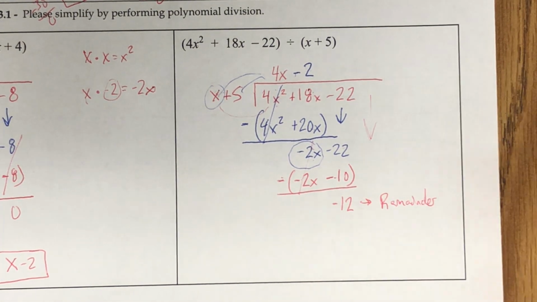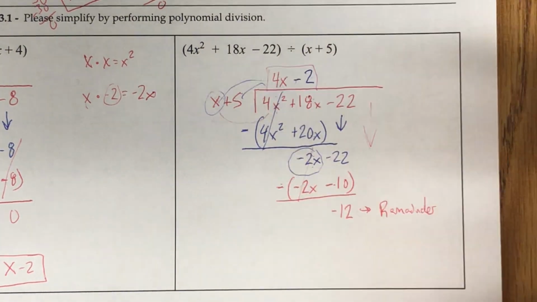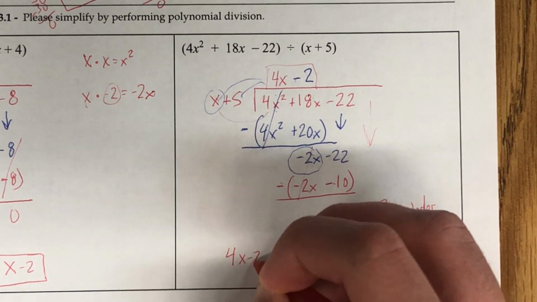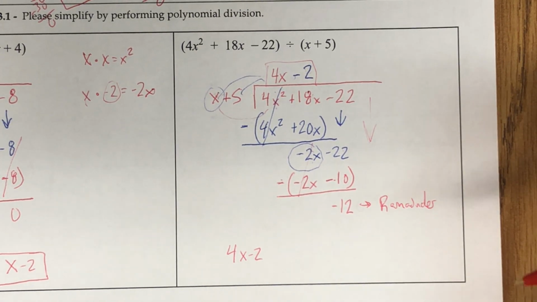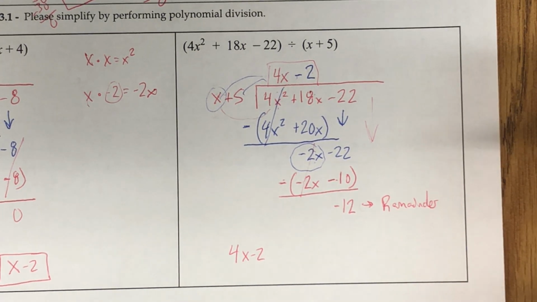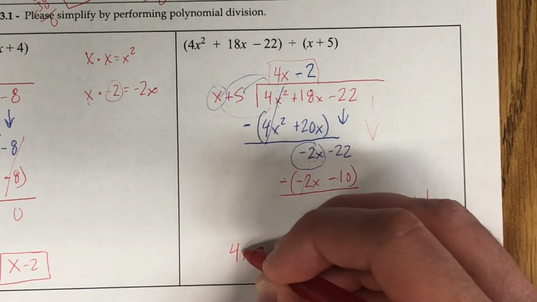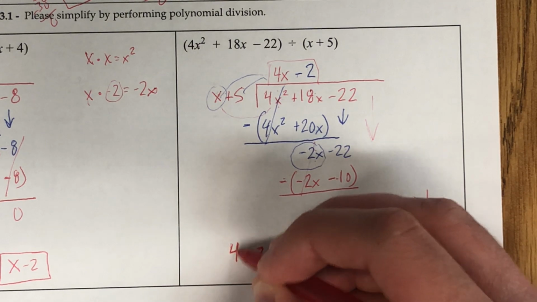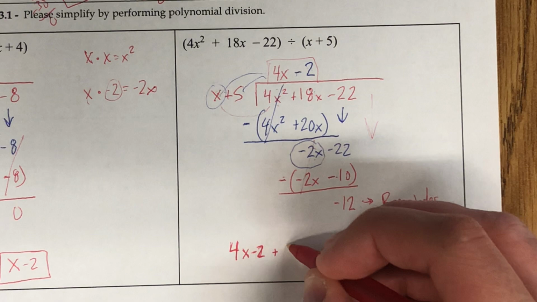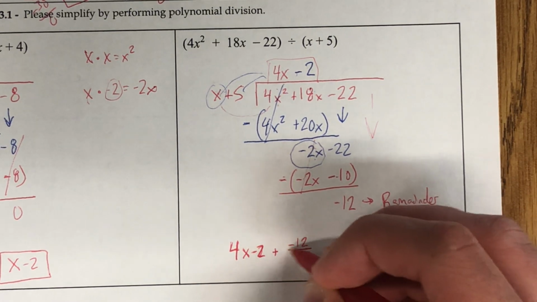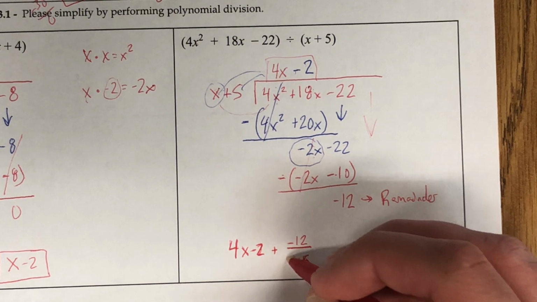And the way we write our solution, it's our top, so 4x minus 12. And instead of just writing r negative 12 like you did in middle school, we want this to be something that is actually valuable to us and explains the problem. So the remainder is negative 12 over x plus 5, or whatever we are dividing by.